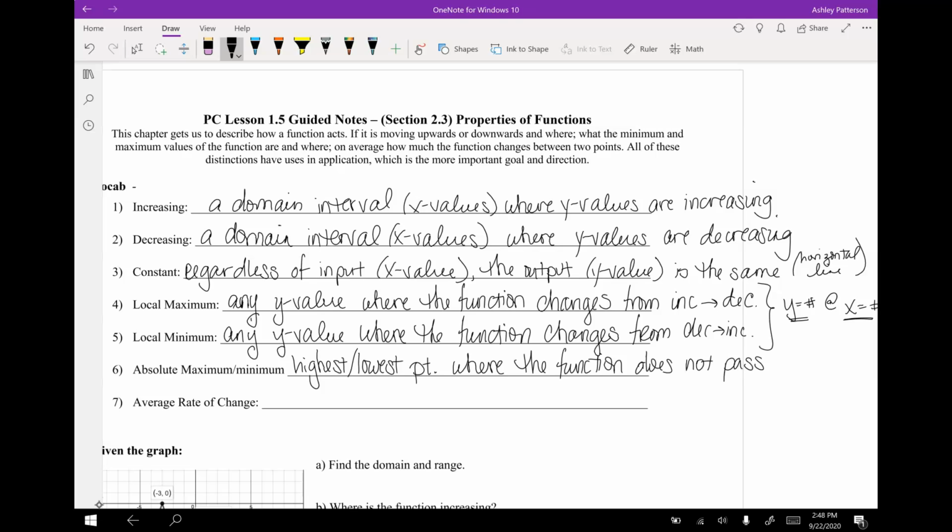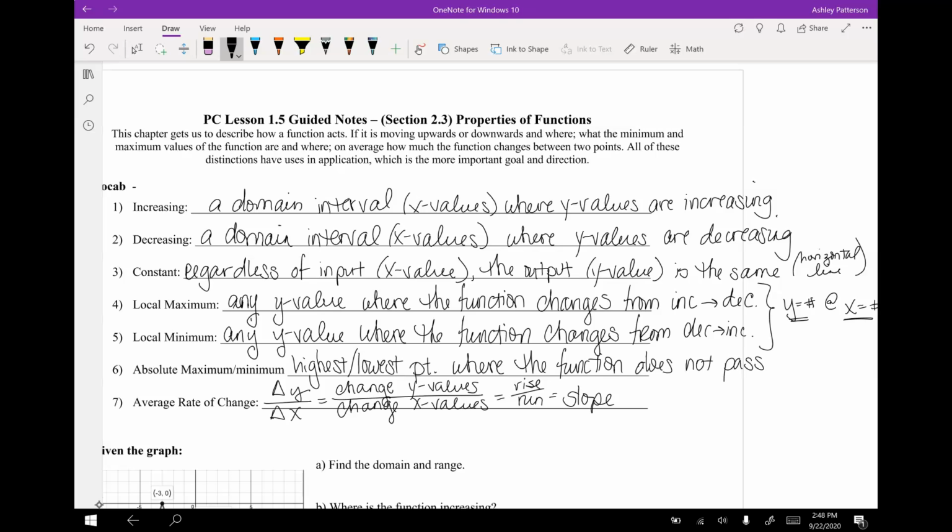And the average rate of change is the change in the y values over the change in the x values. Many call this rise over run or slope.